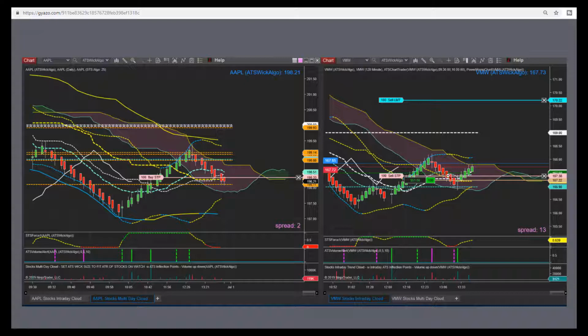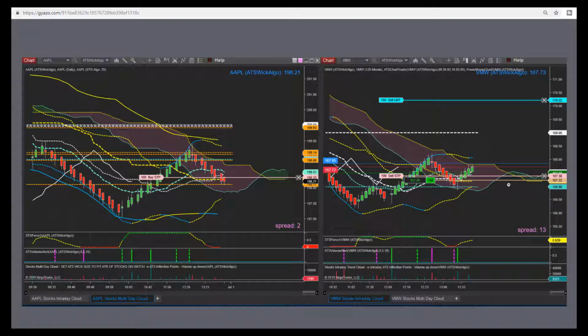On the other hand, same setup right here, flagging inside the cloud, came down, held the yellow dotted line, made the reversal, and you can see that the reversal here on this yellow line, had I waited for the full reversal candle, I'd have been long right up here around 167.50 area.